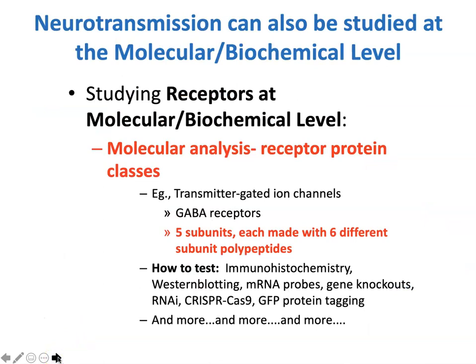So there's a lot more that can be done. I think in the 1970s, thereabouts, with the explosion of molecular techniques that really started when we were able to do PCR, polymerase chain reaction, we were capable of studying the nervous system at the genetic or molecular level.